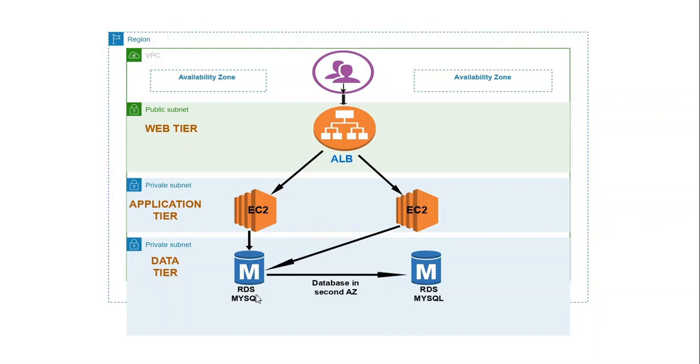We'll be using an RDS database, which is a MySQL database in AWS, and it will be a multi-AZ deployment. So this is just the overview of our architecture, and right now I'm going to take you to AWS and let's start implementing this.